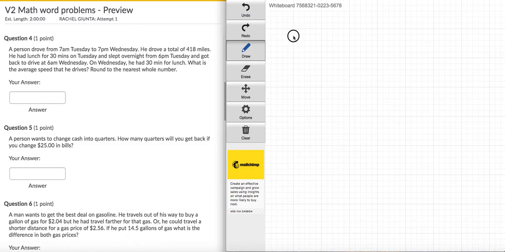So he drove from 7 a.m. Tuesday to 7 p.m. Wednesday, but he didn't drive straight through.